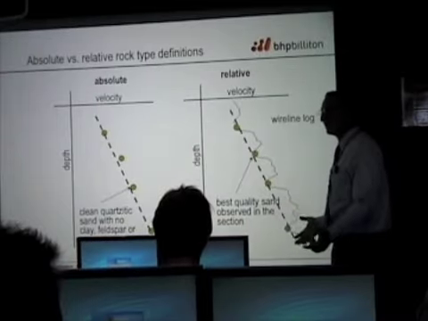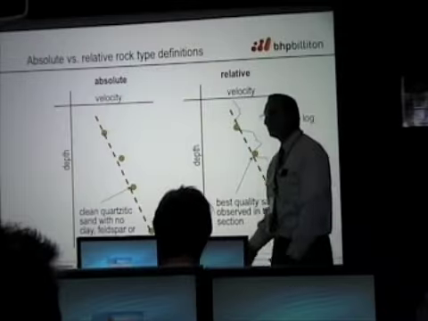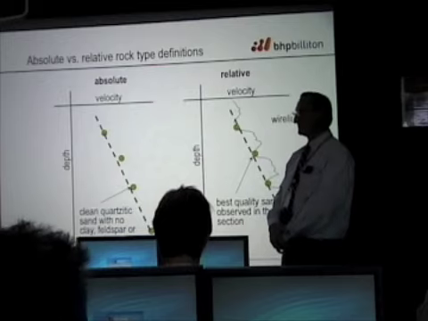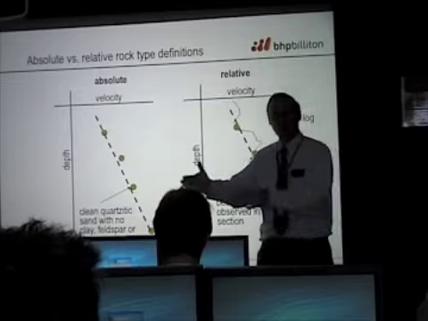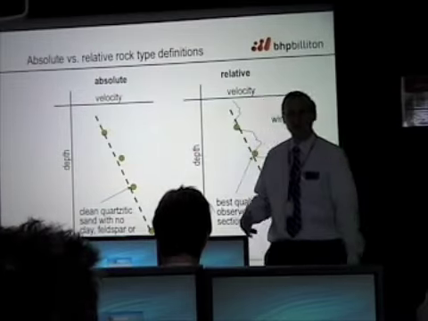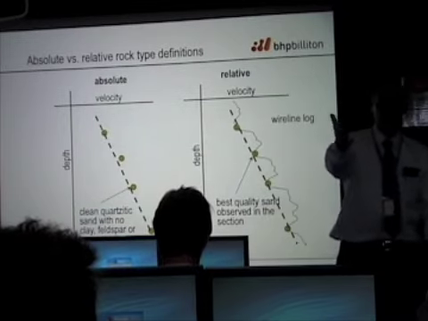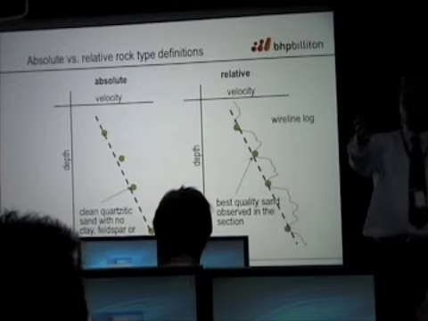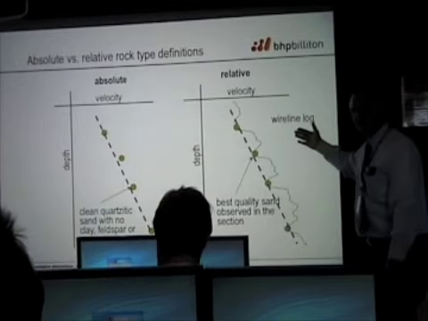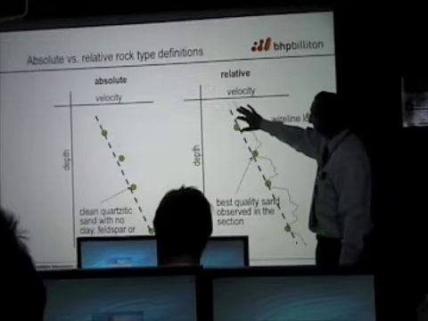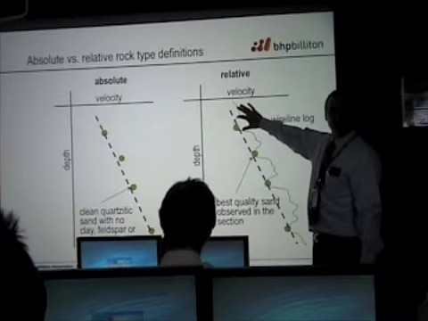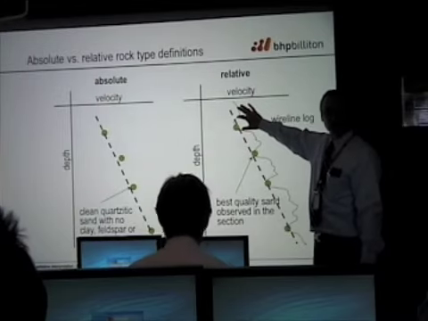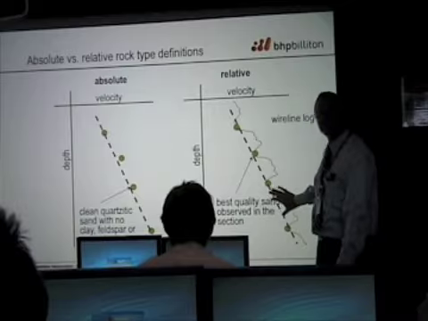It's not going to work very well if you happen to have drilled a well where you only have one sand and a heck of a bunch of shale, but elsewhere that same depositional machine has dropped a lot of sand. You're going to pick some poor quality sands, some silty rocks, and call them sands up here, because you're not going to necessarily recognize that this isn't as good a response, a clean rock response, as this guy down here, 4,000 feet deep.